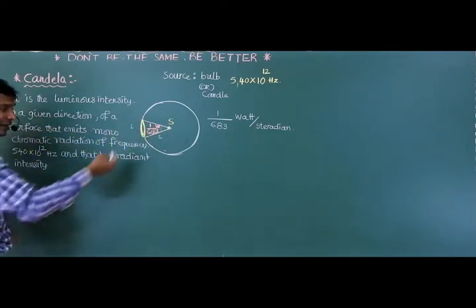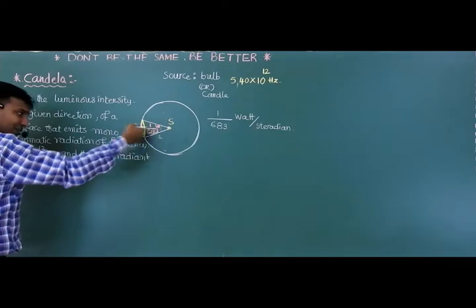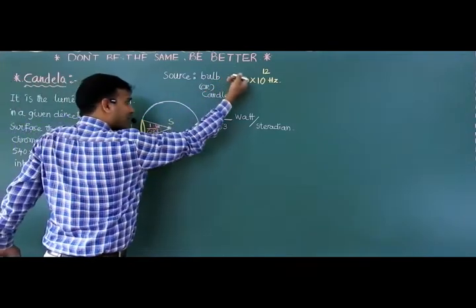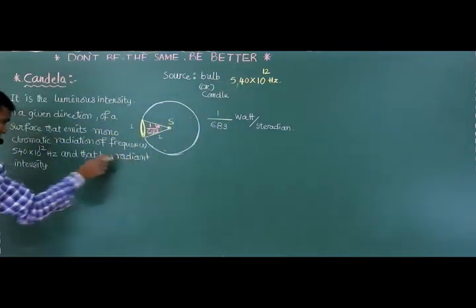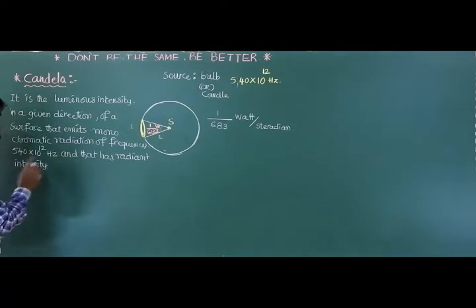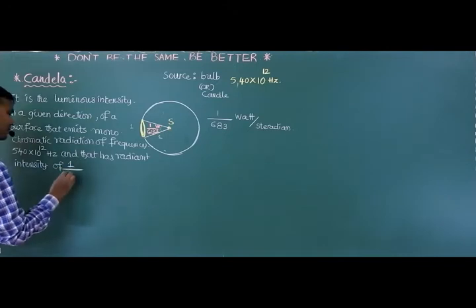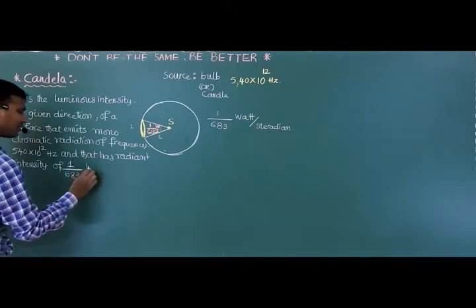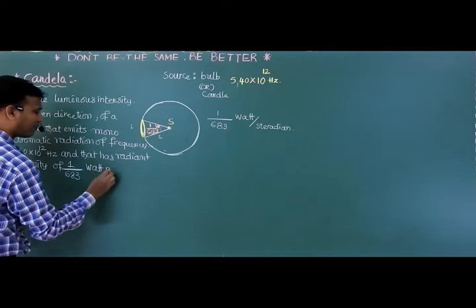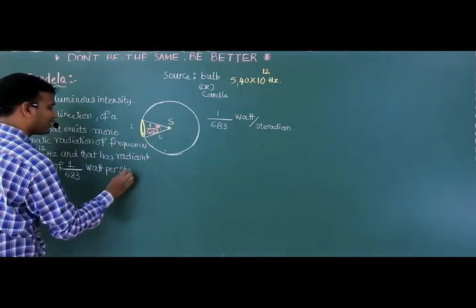In which direction are you considering? In this direction. So in this direction, this much frequency of source is producing how much radiant intensity? Radiant intensity of 1 upon 683 watt per steradian.